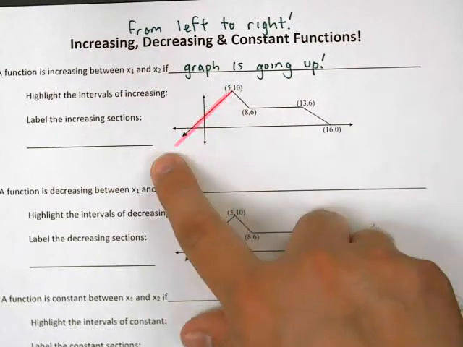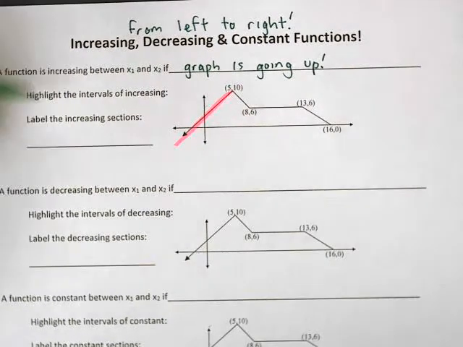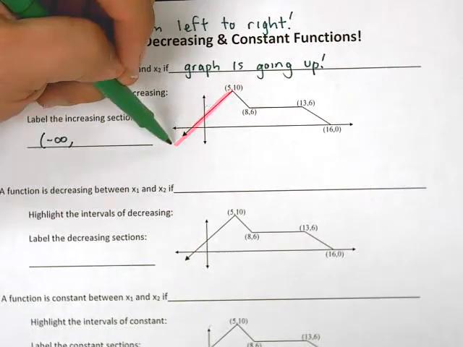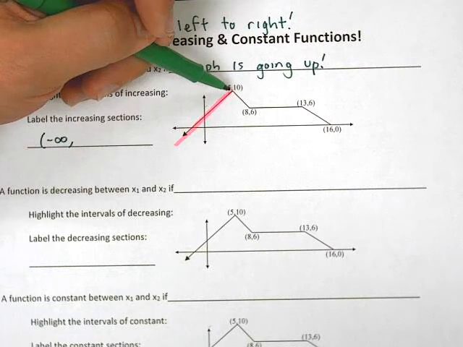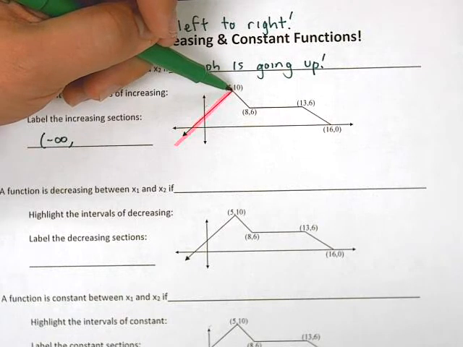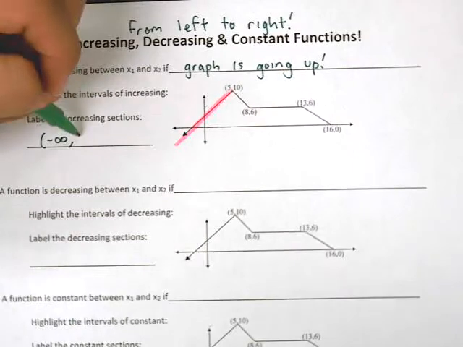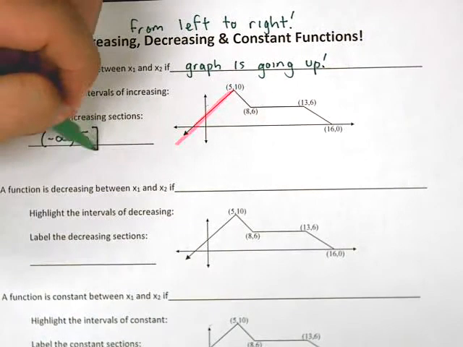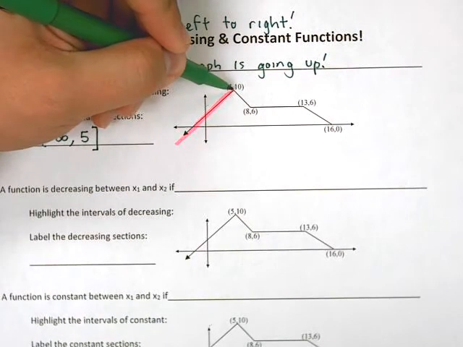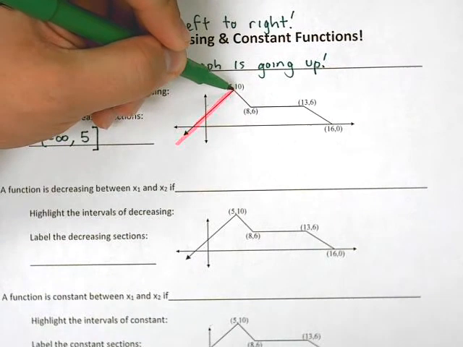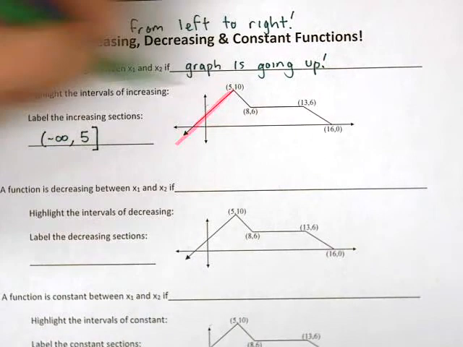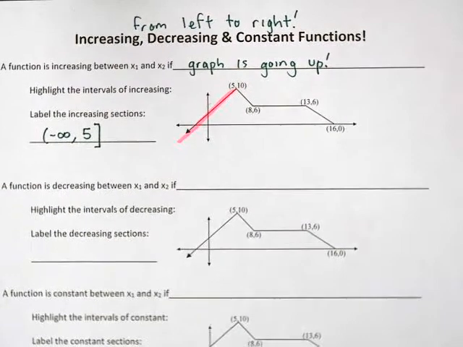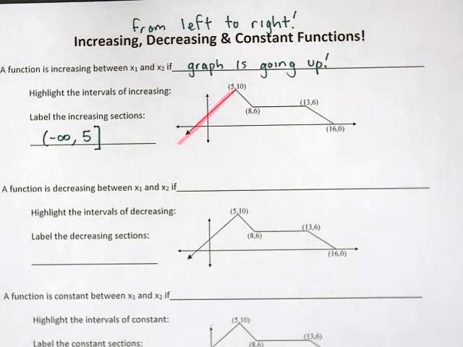We know that we're going left forever, which means I'm going to start at negative infinity, and then I'm going all the way here. I have an x value of 5, so I stop at 5, and then I close my bracket. Again, because I have a closed circle here, or an actual point at (5, 10), I'm going to use a closed bracket. There's some debate on that. We're going to go with closed brackets for this section, okay?